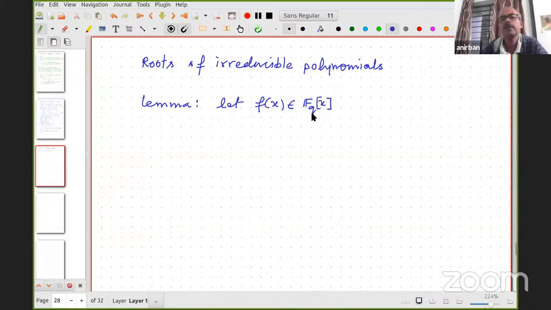So it's the finite field with q elements and the associated polynomial ring.